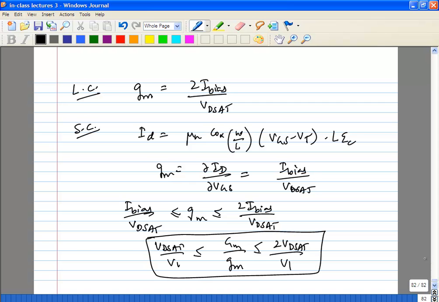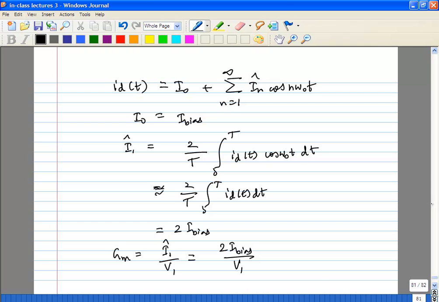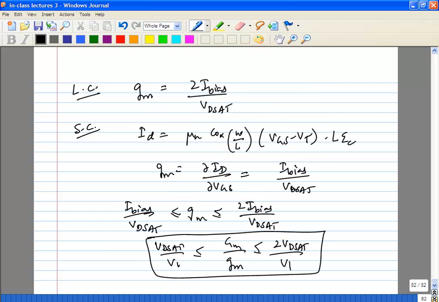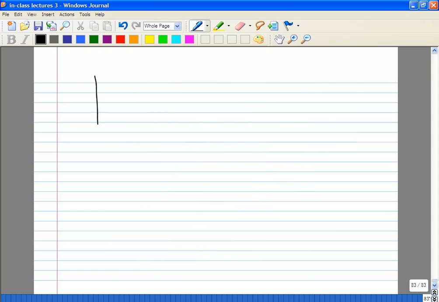So this is the expression for the ratio of the two GMs, the large signal to the small signal GM. And just remember, this is actually an approximation. For example, if you plot this, it's going to look like a 1 over V1 curve.